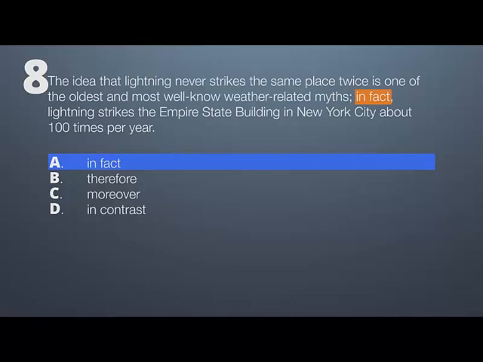That also is a complete thought. But we're connecting the construction with the transitional phrase. In fact, it is very important that you recognize the punctuation. In fact, as a transitional phrase, must be punctuated by a semicolon and a comma after it.